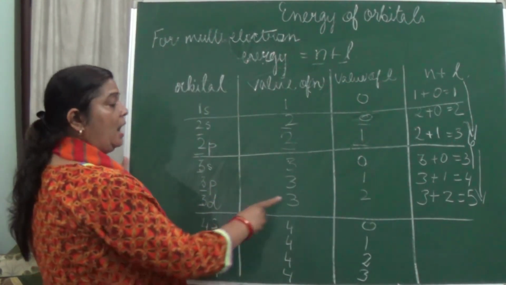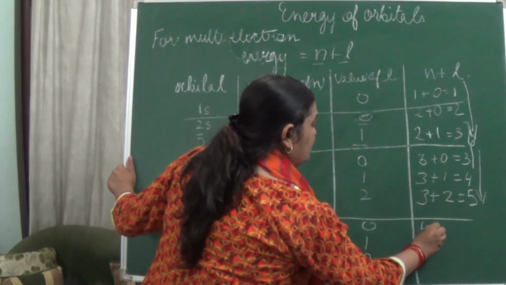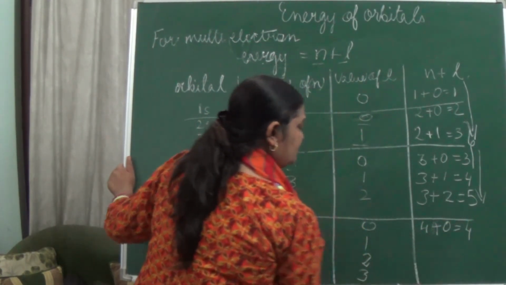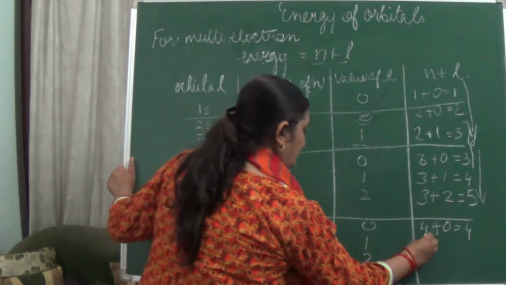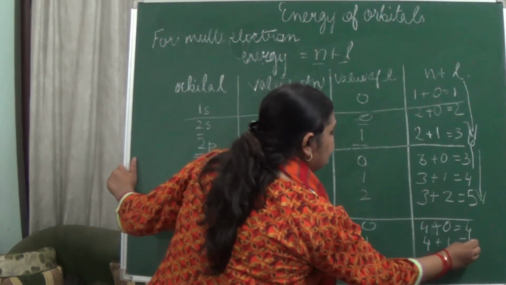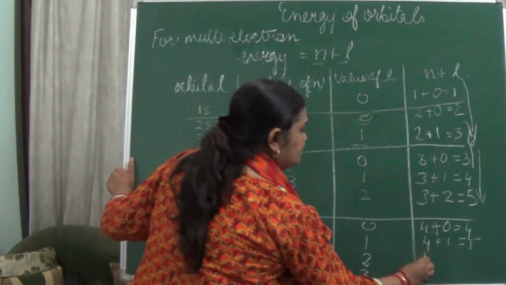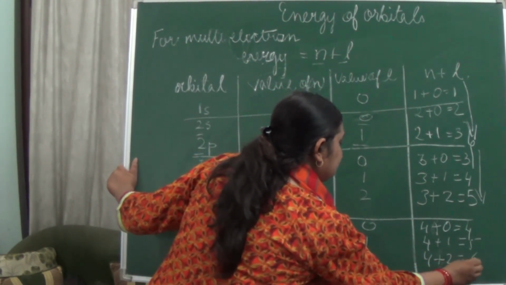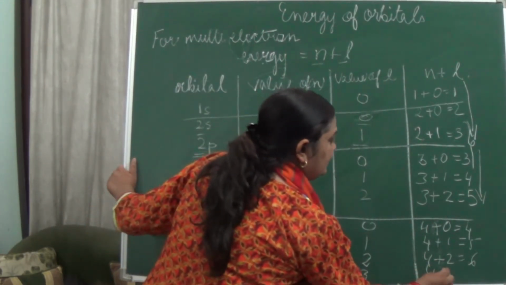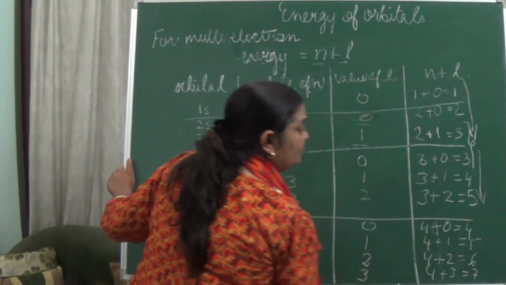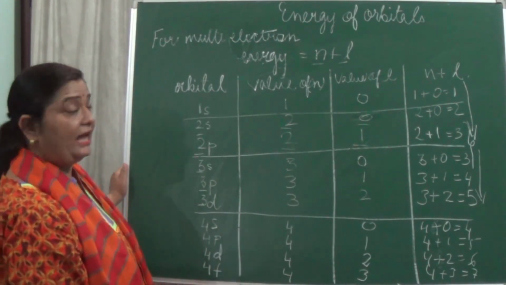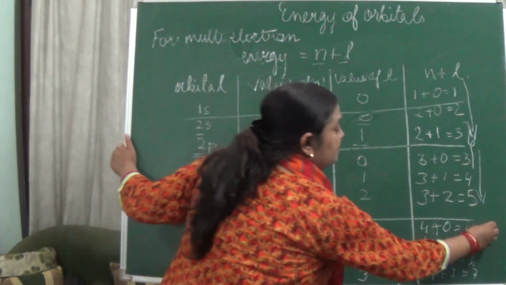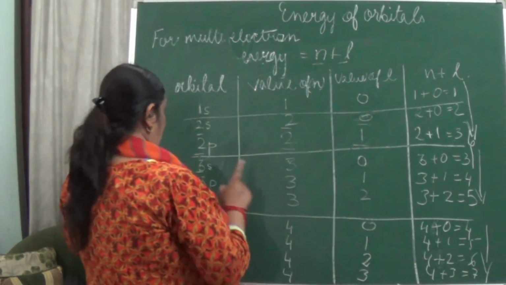Now 4 plus 0, how much are you getting? 4. 4 plus 1 is 5, 4 plus 2 is 6, and 4 plus 3 is 7. Now you can see the difference in the values of n plus l: 4, 5, 6, 7.